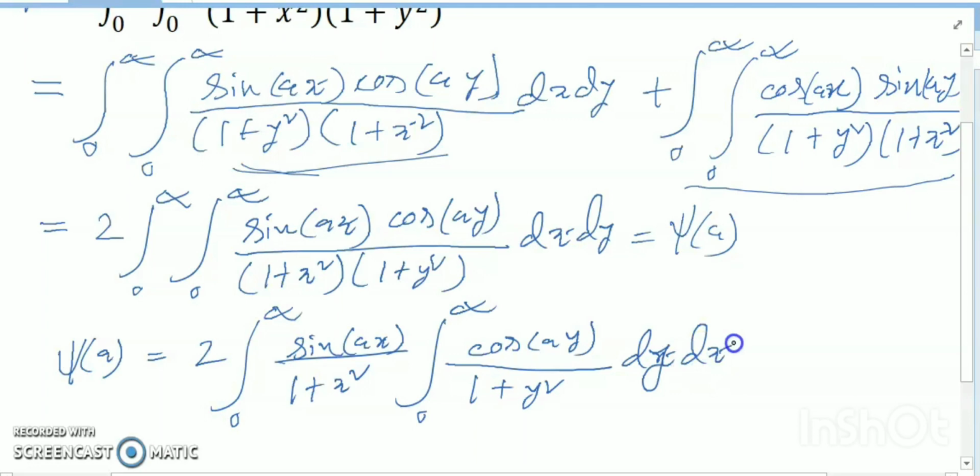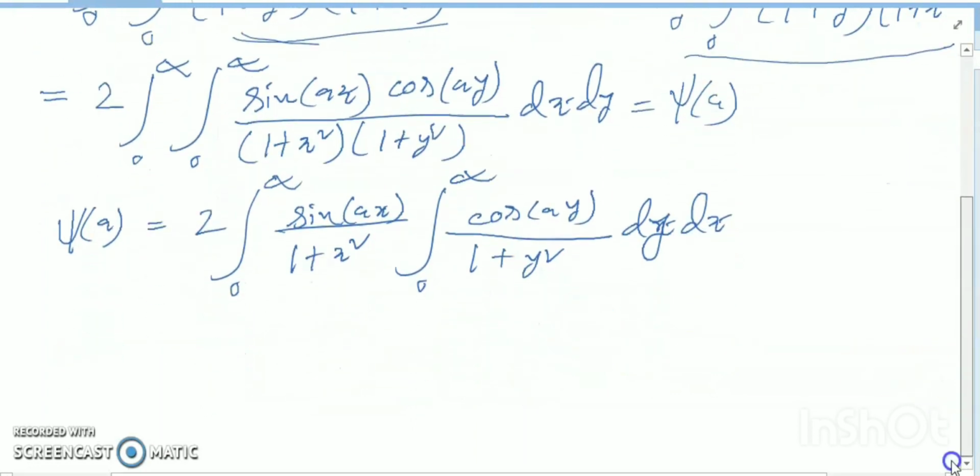This portion is say J and this portion is say I.